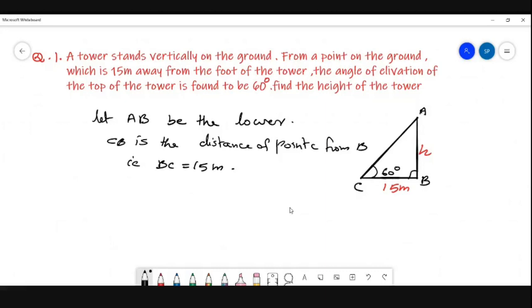And one more thing, what does the angle represent? Angle ACB equal to 60 degrees, it is given.